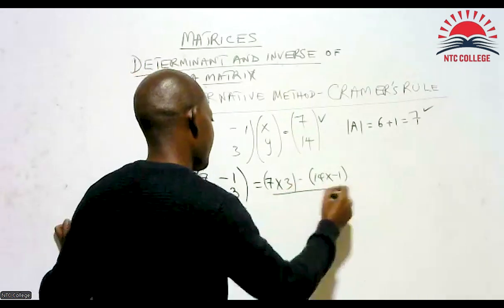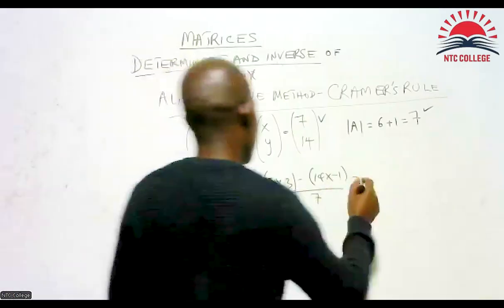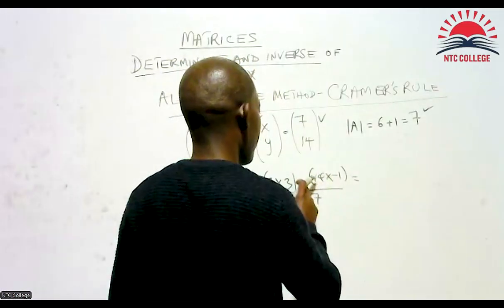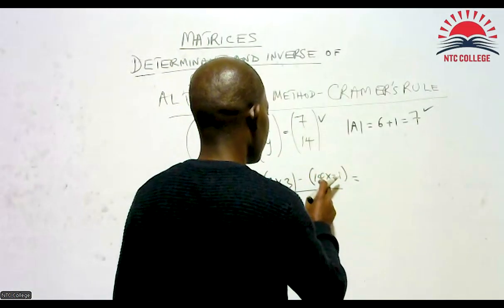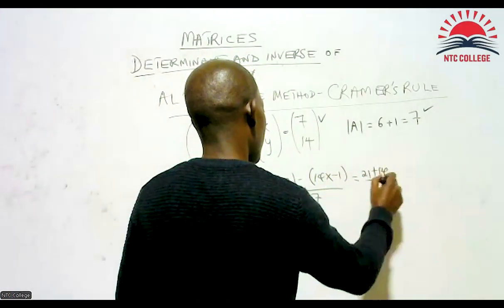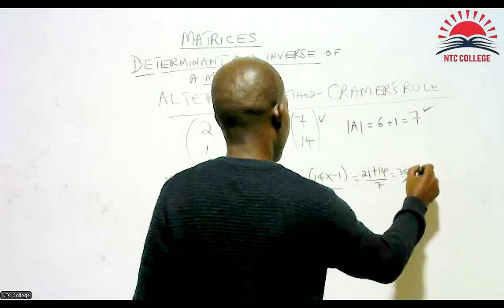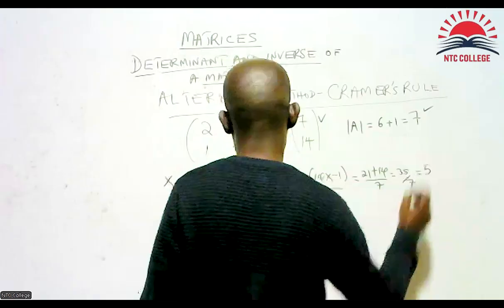This is divided by 7, and accordingly it gives 21 plus 14 all over 7, giving me 35 divided by 7, and the answer is 5.